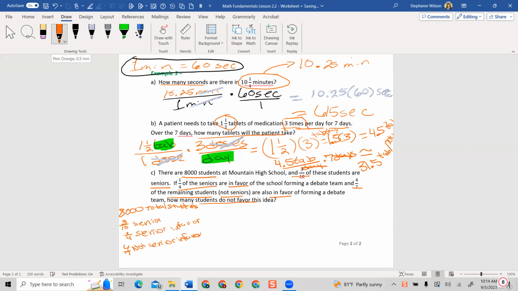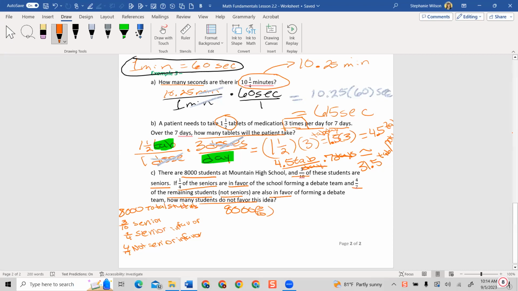And so let's solve for it. I'm going to take this 8,000 and multiply that by 3/10 because I want to know how many seniors are in that 8,000. So you could say 8,000 divided by 10, which is 800. And then you can turn around and say that's times 3, which is 2,400.